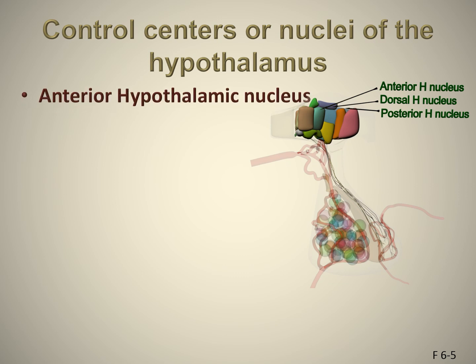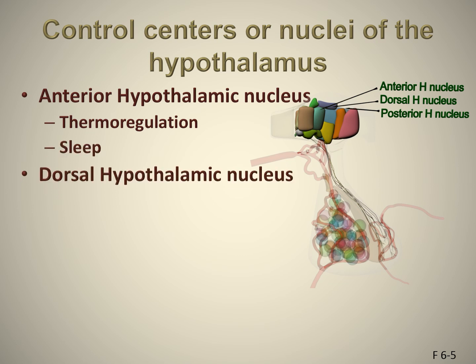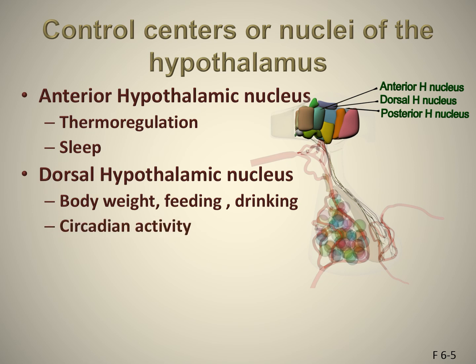The anterior hypothalamic nucleus is involved in thermoregulation as well as in sleep, while the dorsal hypothalamic nucleus controls physiological processes and behaviors related to body weight and ingestive activity. It also participates in circadian activities.